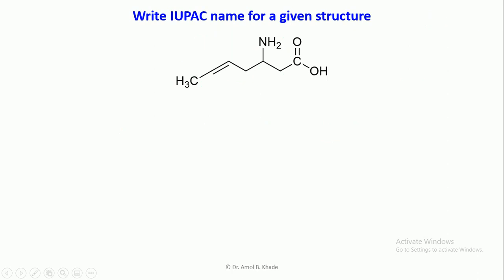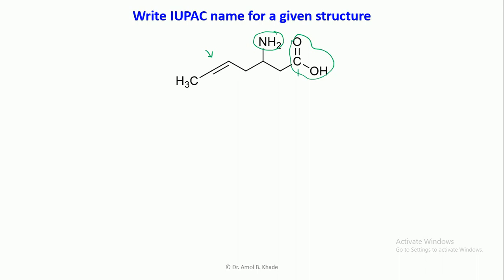Now we'll see one more structure. So again here you can make out there are 2 functionalities. One is here, that is a double bond, that is an alkene. Then there is one more functionality here, a substituent present as the amino. We have discussed already the IUPAC naming for amines, and then our major functionality, that is the carboxylic acid.